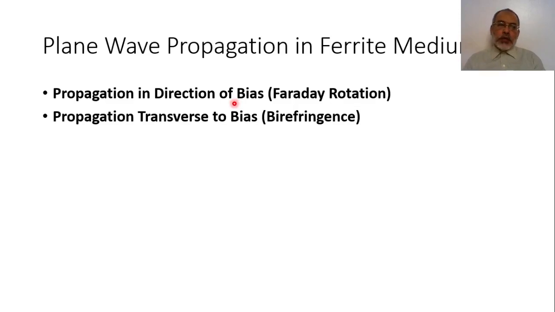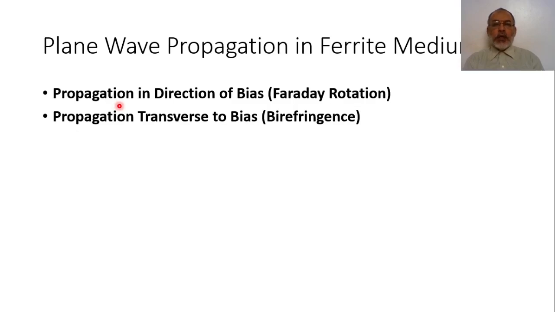Another situation is, what will be the situation if the plane wave is propagating transverse to the biasing DC magnetic field. So, assuming that the biasing DC magnetic field is oriented toward positive z direction, the first case is when the plane wave is propagating in positive z direction.